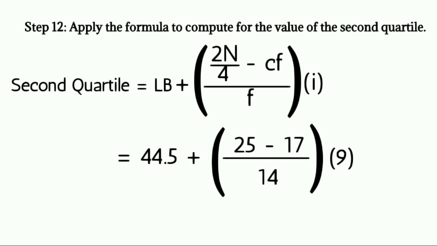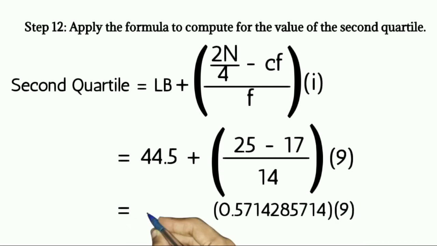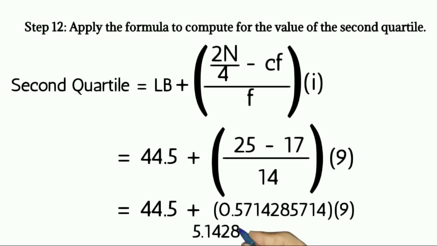25 minus 17, that is equal to 8. 8 divided by 14, that is equal to 0.5714285714. 0.5714285714 times 9, that is equal to 5.1428571421.